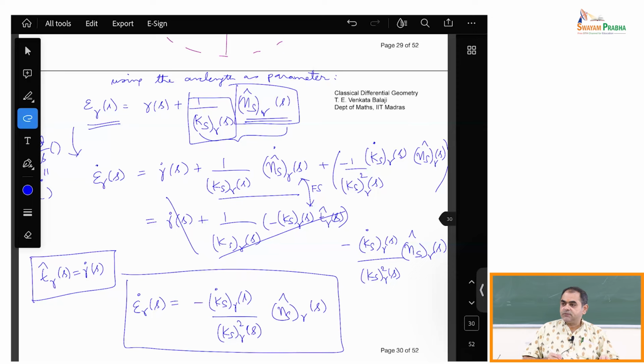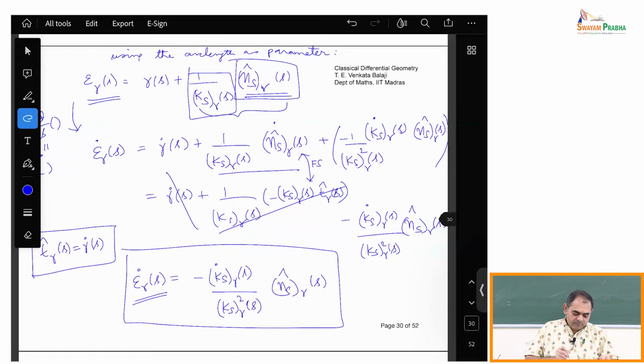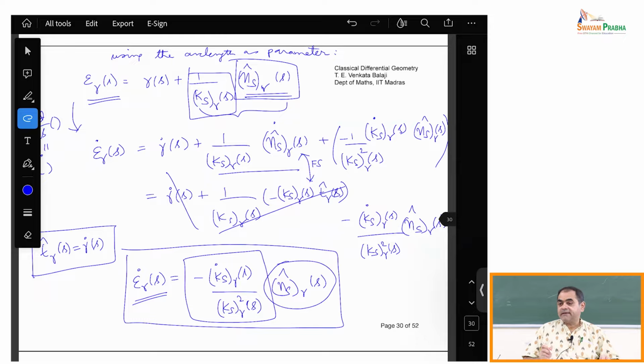So this tells you two things immediately. Epsilon dot sub gamma of s is the tangent vector of the evolute. It is this scalar, which is assumed non-zero, times this vector. But what is that? That is the normal to the original curve.